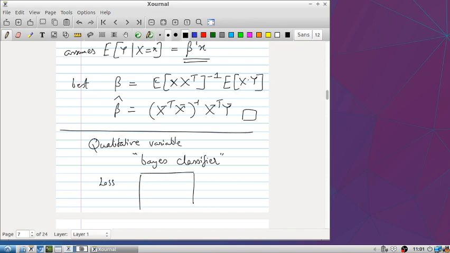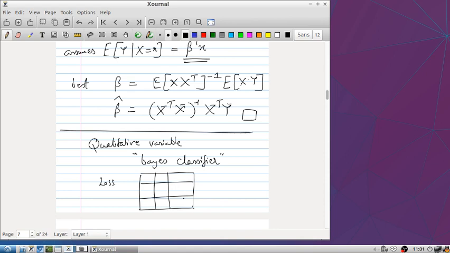I'm going to describe it using a matrix. Let's say I have 3 classes: dog, cat, and fox. It's a qualitative variable. So let's say the input is an image or some features of the animal, and I want to say whether it's a dog, a cat, or a fox.